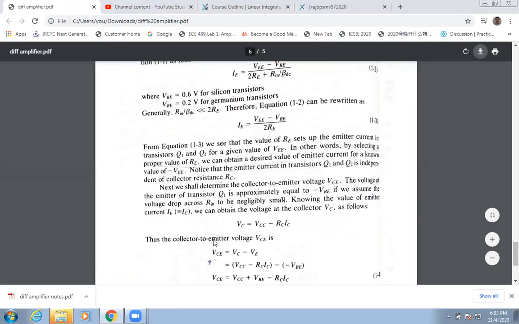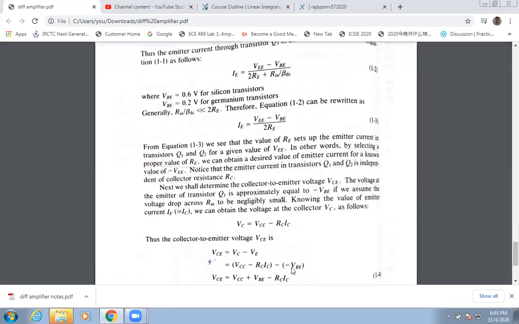Thus, the collector to emitter voltage VCE is VC minus VE. Placing the value of VC and VE, VC is VCC minus RC IC, minus the value of emitter voltage, which is approximately equal to negative of base emitter voltage.